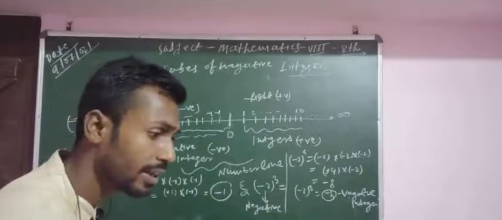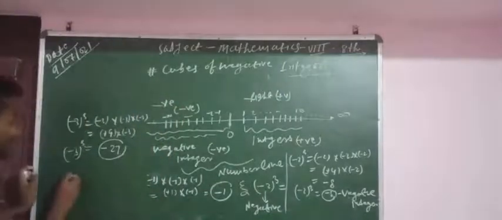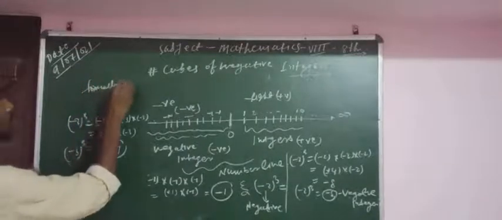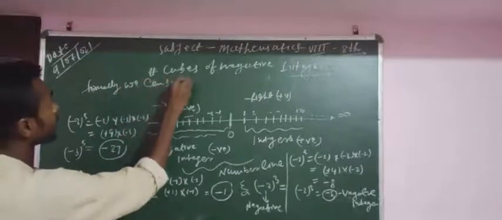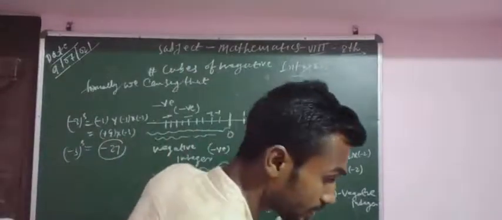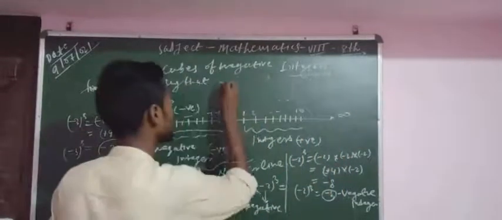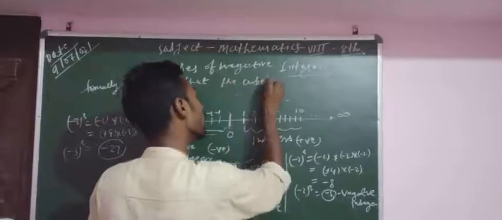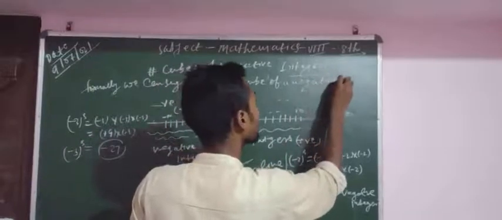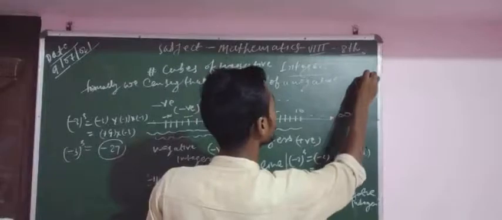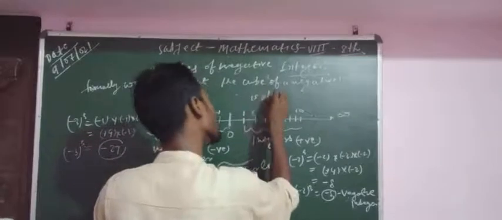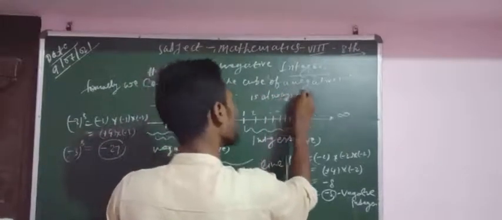After that we can say that finally, the cube of a negative integer is always negative.